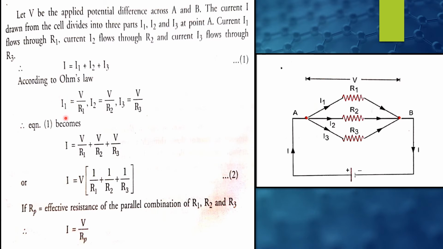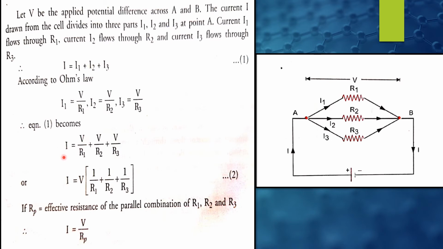According to Ohm's law, we know that I equals V by R. Here we can say I1 equals V by R1, I2 equals V by R2 and I3 equals V by R3, as V is the applied potential difference across A and B. What happens here when we substitute this in equation 1?